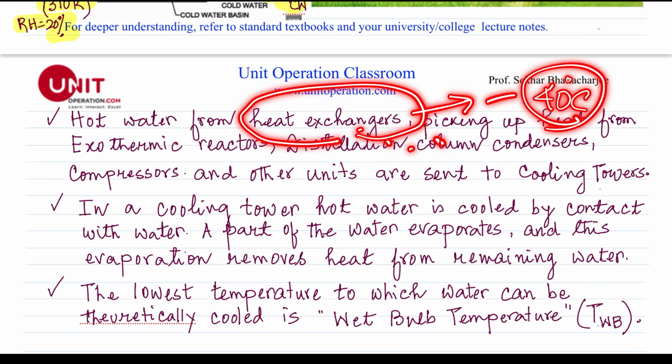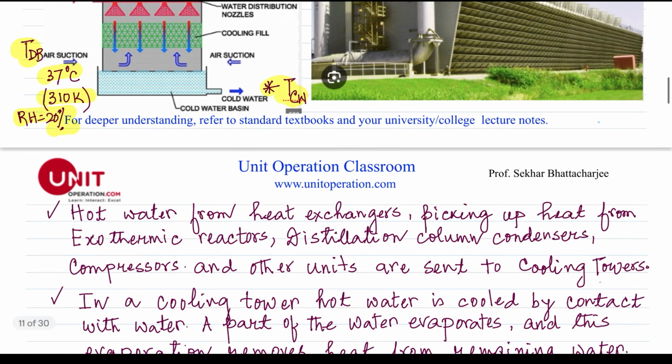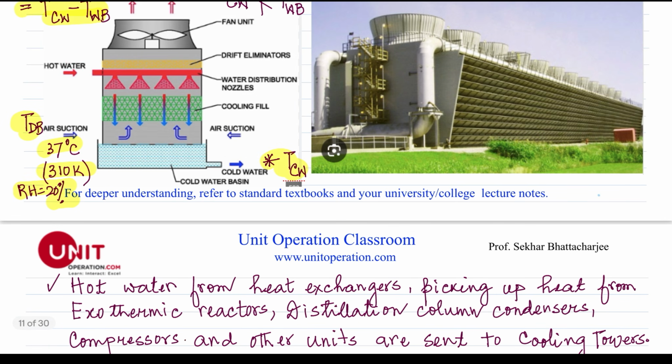So we cannot keep on rejecting this water at a higher temperature to any river or to any surface water. So what they do, they just trickle down this water here, and there's a suction of air. So these are fans. So there's a suction of air here.